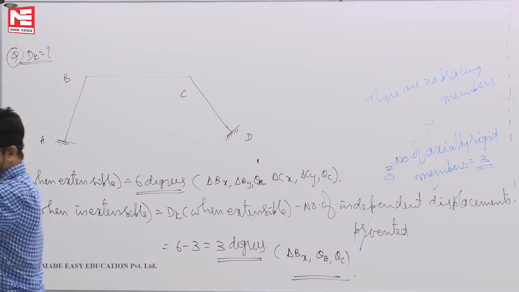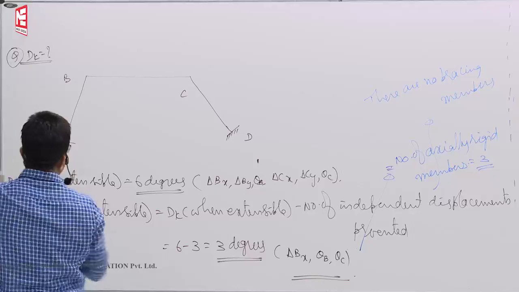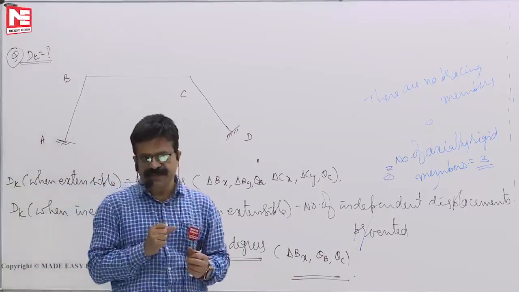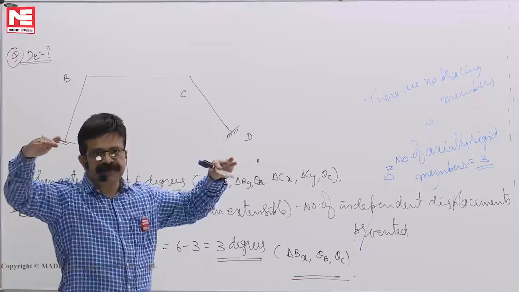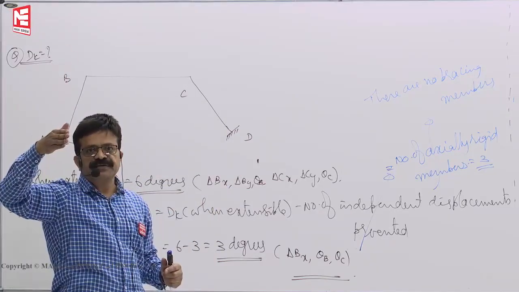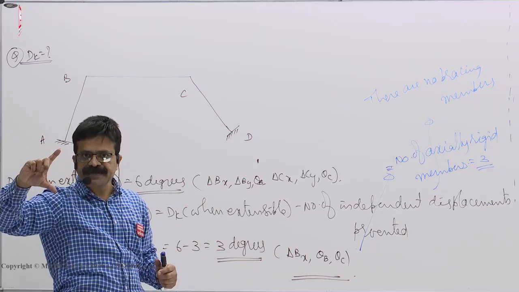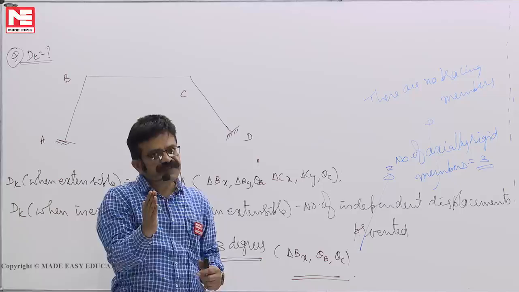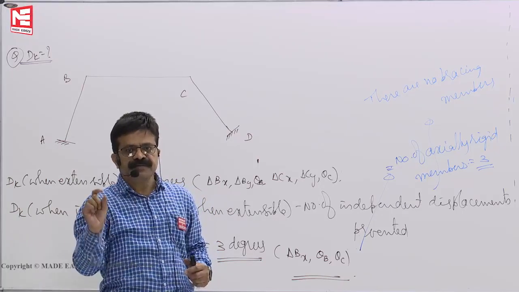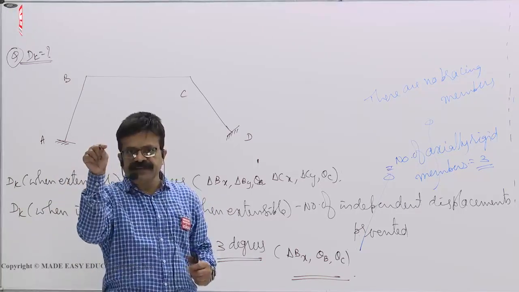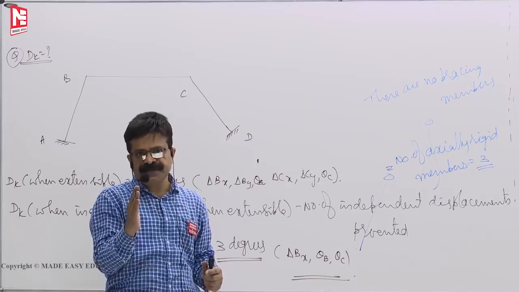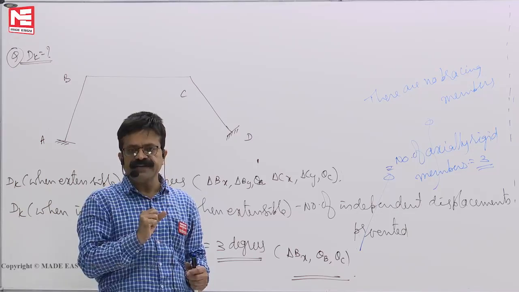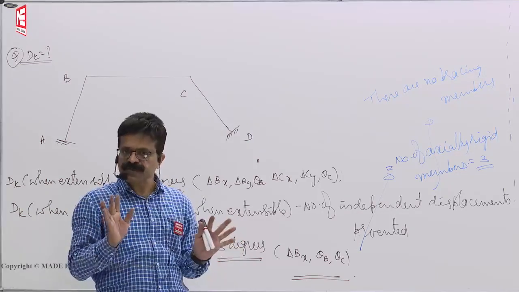How to get that? Now, when you are taking the first order displacements, I told you, one cantilever beam, I applied a vertical load, there is a vertical displacement, first order displacement. Horizontally also it will go in, that is B1, B2, that is delta By into theta B. That inward displacement is a second order displacement because two displacements you have to multiply. All second order displacements you neglect.